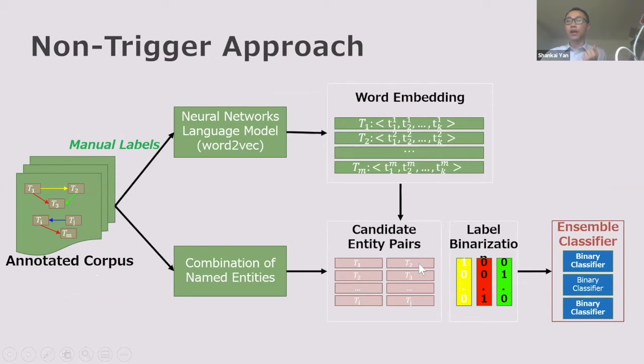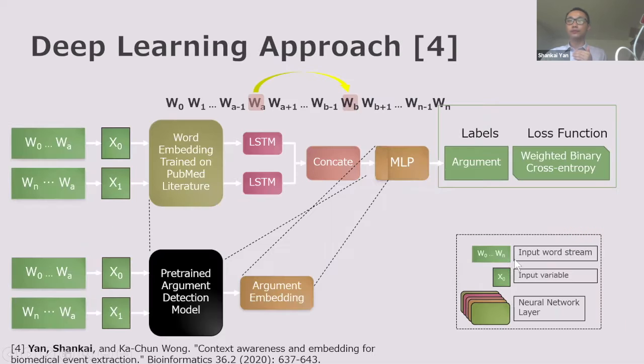You can have pairs of argument embeddings. Then you may train another classifier to classify whether these pairs of arguments form a relationship or not. And that is the example for biomedical events extraction.